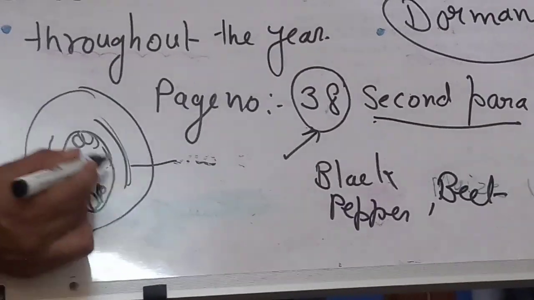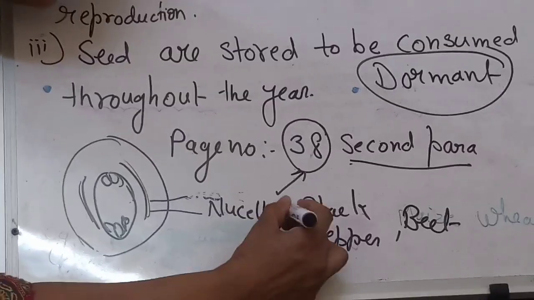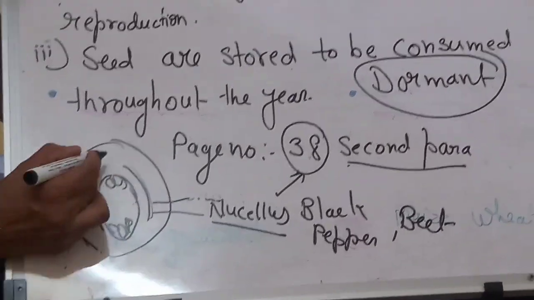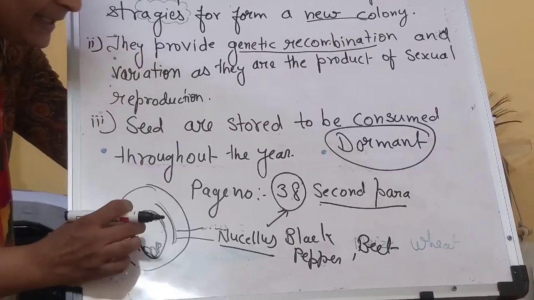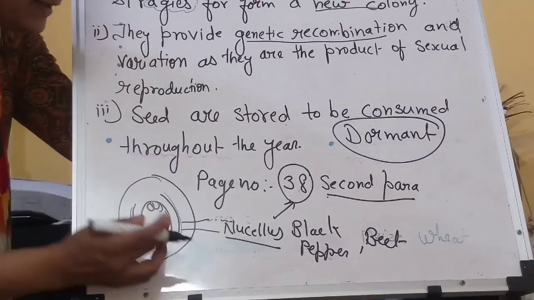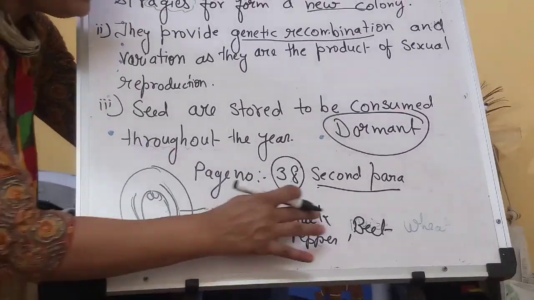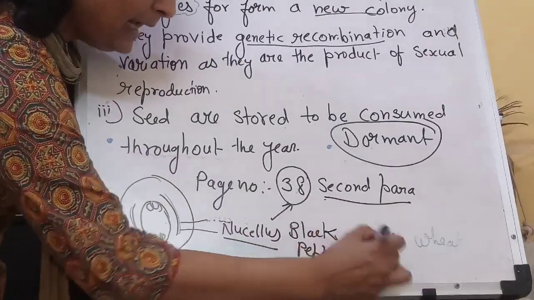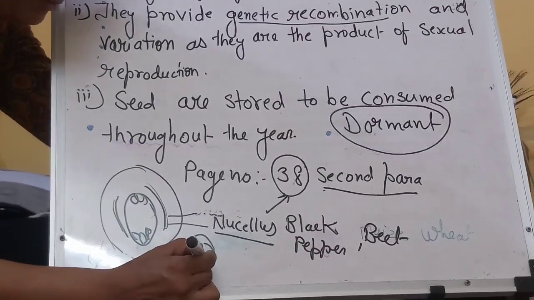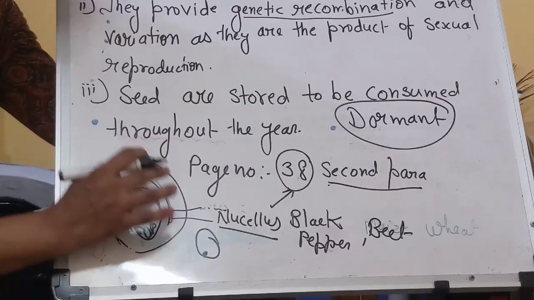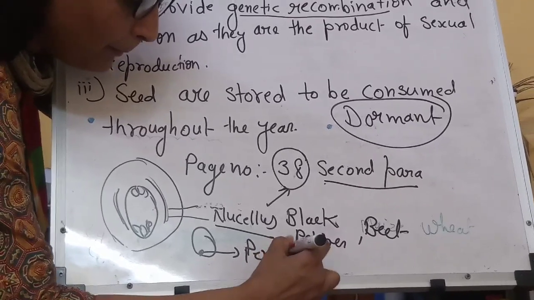Outside, there is a nucellus. You know the nucellus is the diploid cell covering the embryo sac and helping in the nutrition of the embryo sac. After fertilization, the nucellus degenerates, but in some plants like black pepper and beet it persists. The remaining nucellus part which is not dissolved is called perisperm.